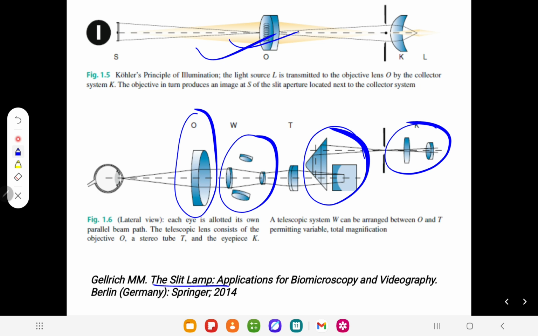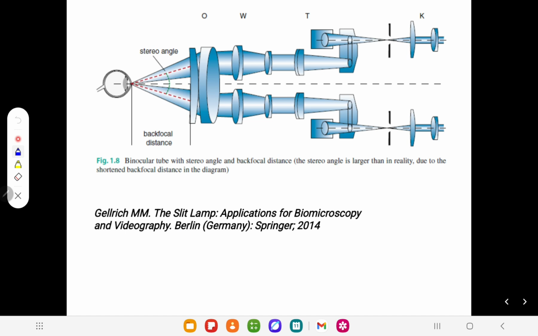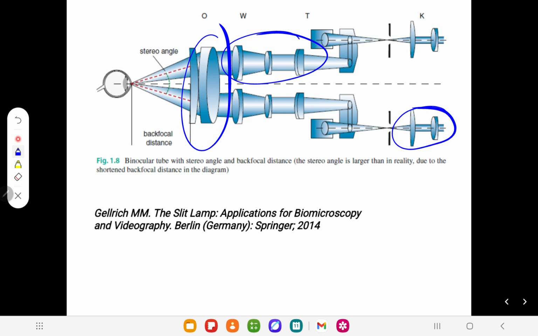And I've taken this picture from this book. It's great stuff. Okay, so this is the view binocularly. Why? Because the slit lamp is a binocular instrument, isn't it? So a large objective lens, magnification factors here, prisms which actually rotate the image, and then the eyepiece.